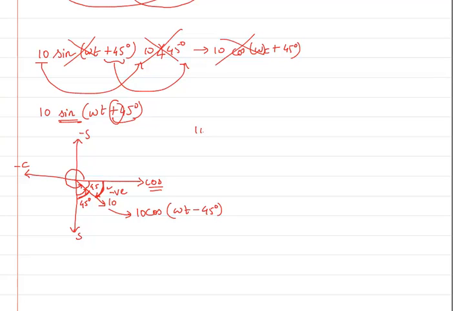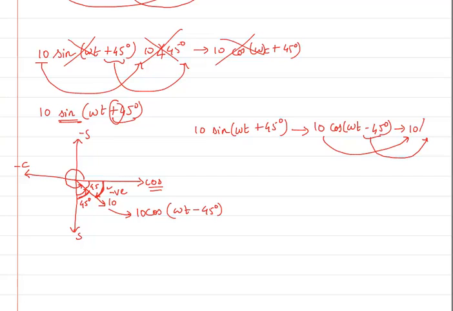It means that you first write 10 sine omega t plus 45 degree as 10 cos omega t minus 45 degree, and then write it as 10, which you come from here, and minus 45 you take from here. So 10 sine omega t plus 45 degree directly means 10 angle minus 45 degree.